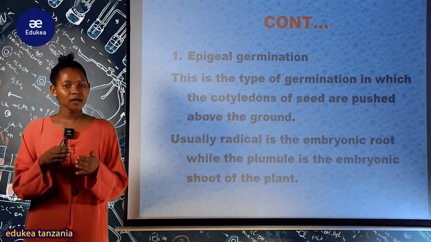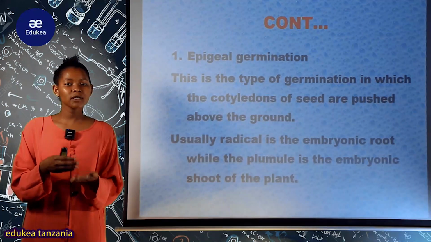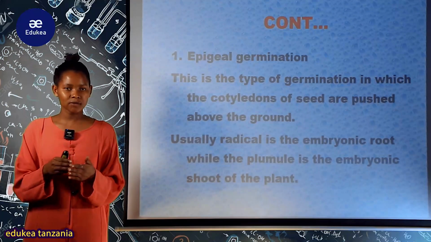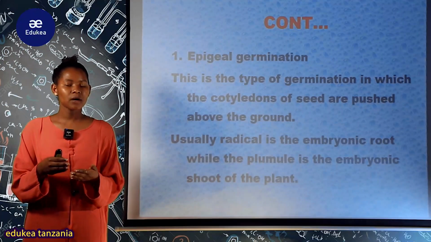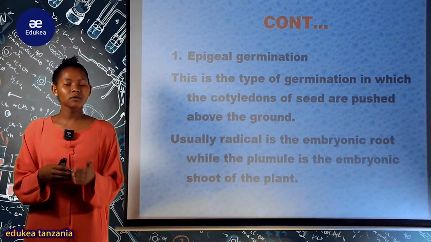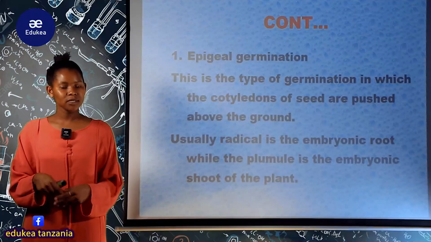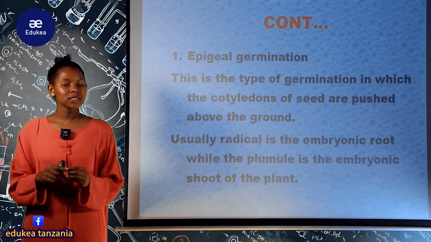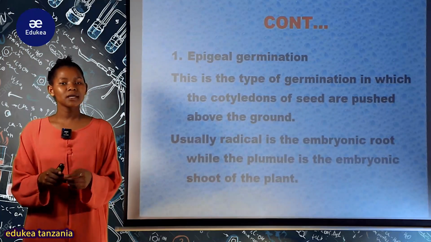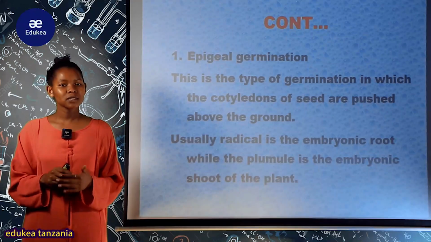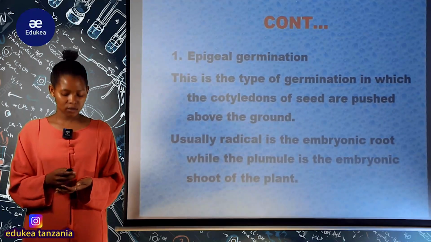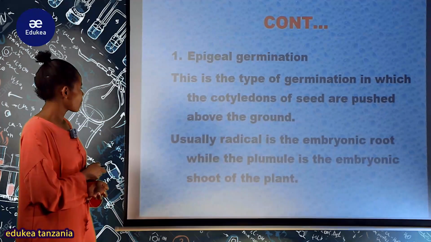Na katika cotyledon yetu kuwa pushed above the ground, kuna two parts of that seed ambayo inaenda kudevelop into seedling. Tunakuwa tuna radicle na tuna plumule. The plumule inaenda kutuletea embryonic shoot, lakini radicle itatutengenezea root ya mmea wetu.